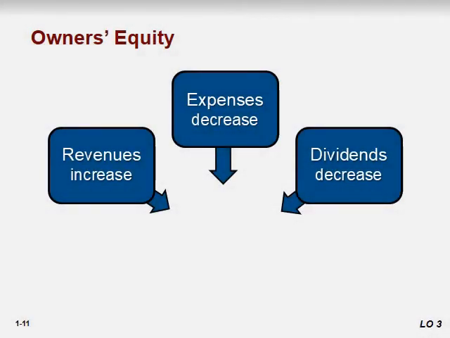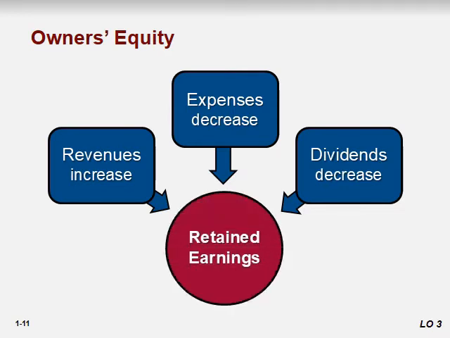So to review, if revenue increases, it also increases the retained earnings. If expenses decrease, it will increase the retained earnings. If dividend decreases, it increases the retained earnings. Remember, what is the formula? Revenue minus expenses minus dividend.